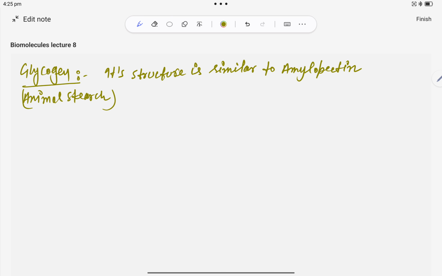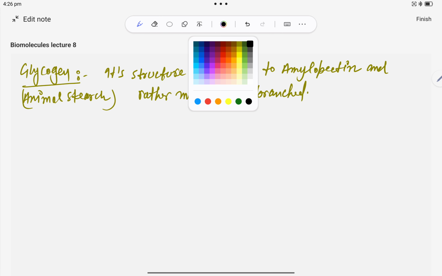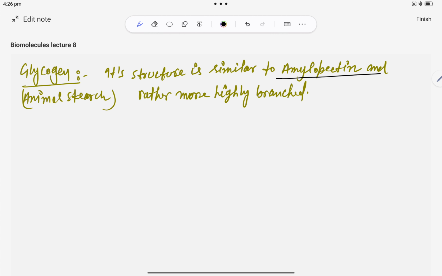Its structure is similar to amylopectin and rather more highly branched. Okay, so what is written? It's similar to amylopectin and more highly branched. So check it again, the same amylopectin-like structure we have to draw.